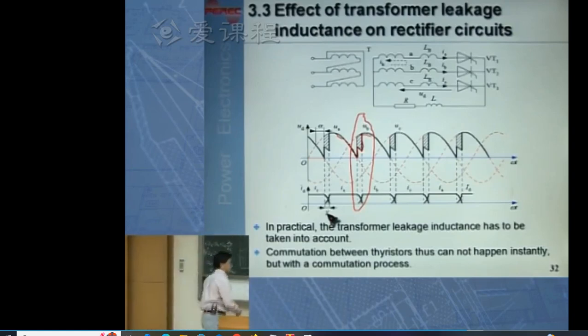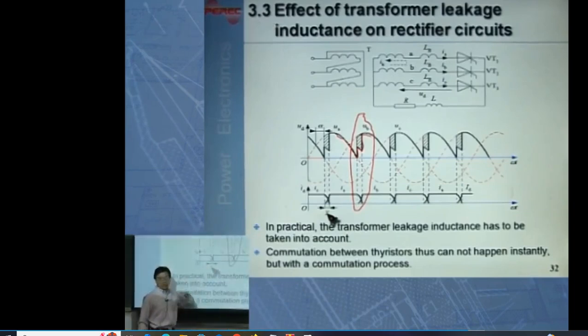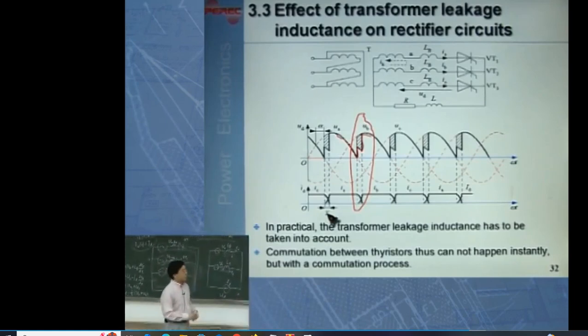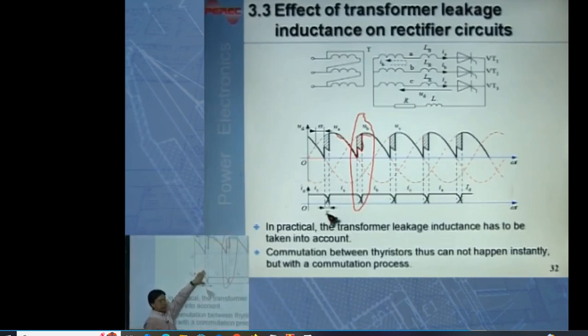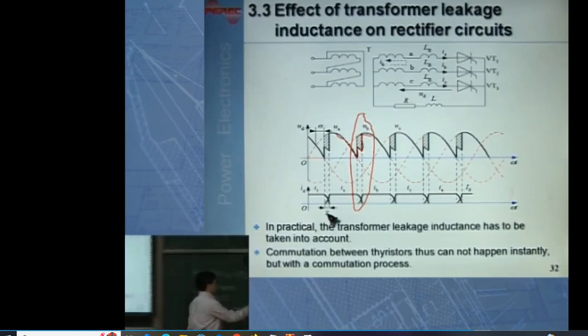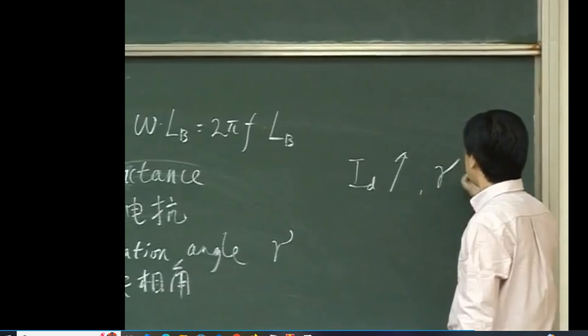There's a discussion about this commutation angle related to other parameters. What affects this commutation angle? Of course, if ID, the DC average current, is larger, then it takes longer for this commutation to complete, so gamma will be larger.